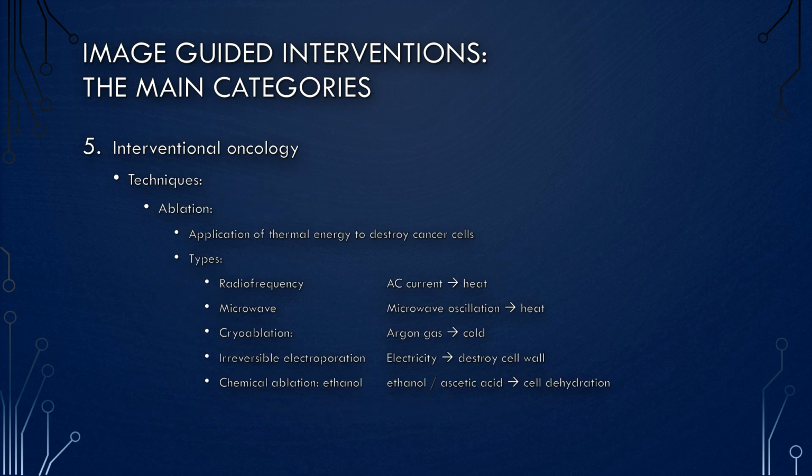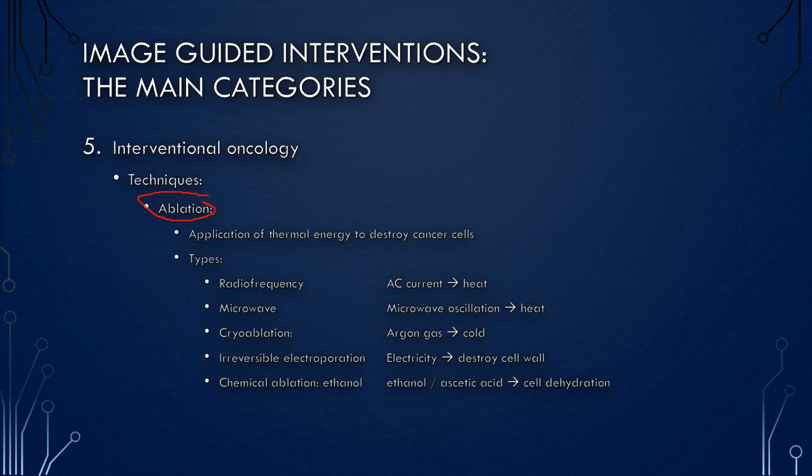So there are different techniques to ablate tumors. Most commonly used are ablation techniques, in which the interventional radiologist applies thermal energy to destroy the cancer cells. There are different types. Radiofrequency uses electric current that induces heat, and heat kills cancer cells.